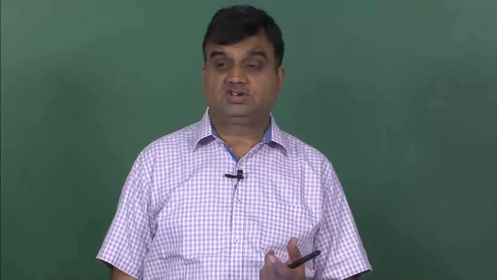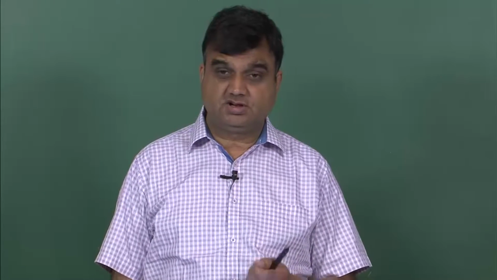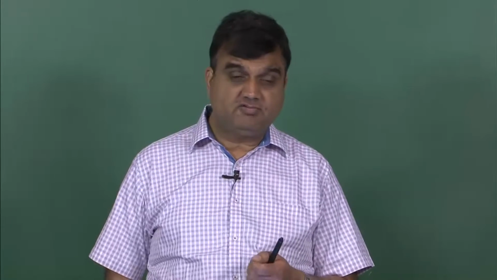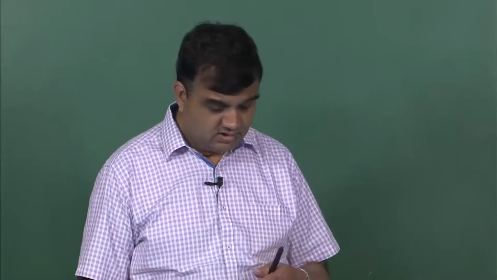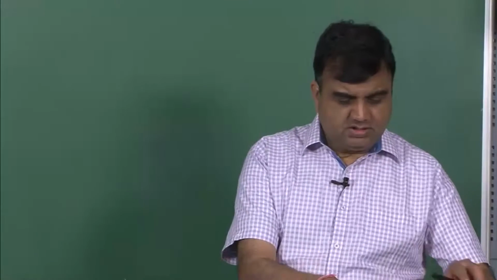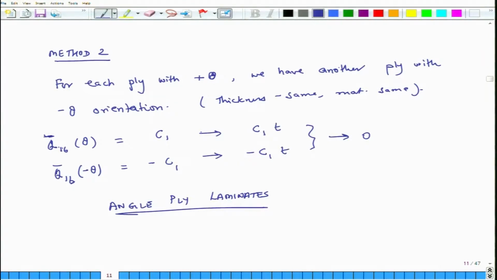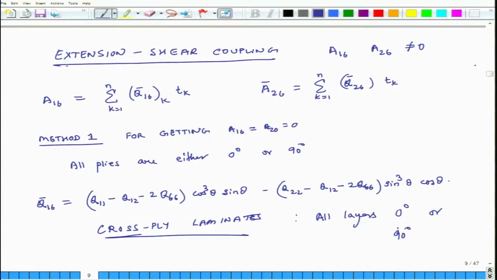Either all the laminae or layers are either 0 degrees or 90 degrees, or, if we want non-0 or non-90 degree layers, then for each theta we should have another layer with negative theta orientation. So, this is about how we ensure that the coupling between extensional stresses and shear stresses is eliminated.